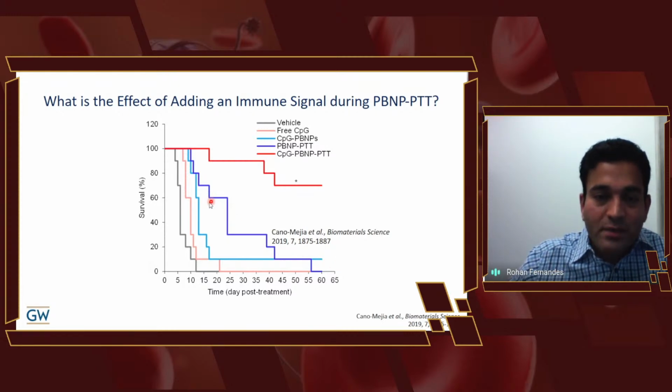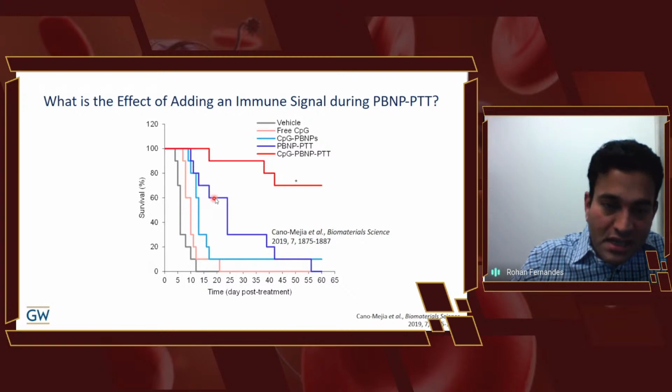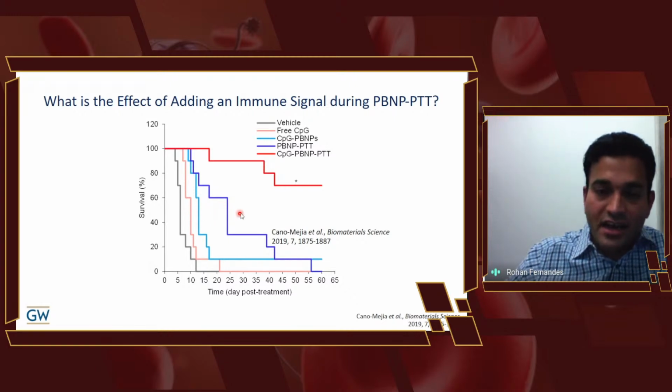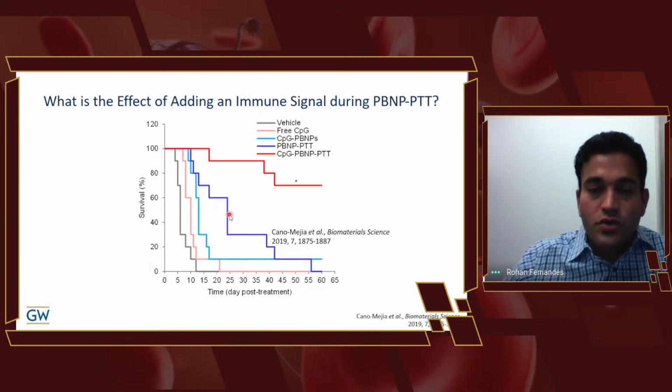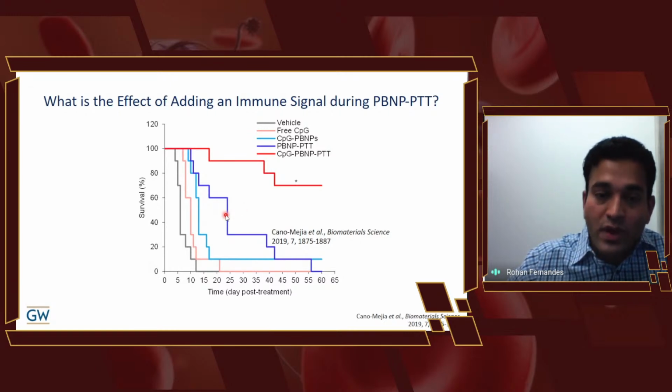And then when we use PBNP PTT, we have a significantly higher improvement in median survival compared to just the CpG PBNP, free CpG, and untreated. As you can see here, compared to some of the previous studies that I presented with the same model, the median survival is way higher than what we have observed in the past.